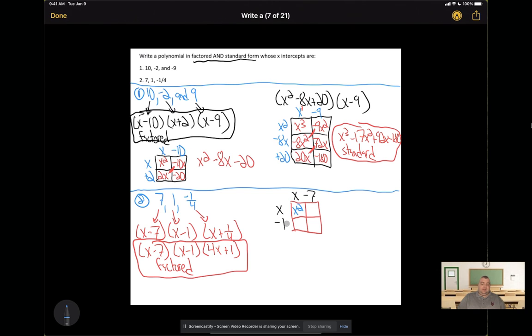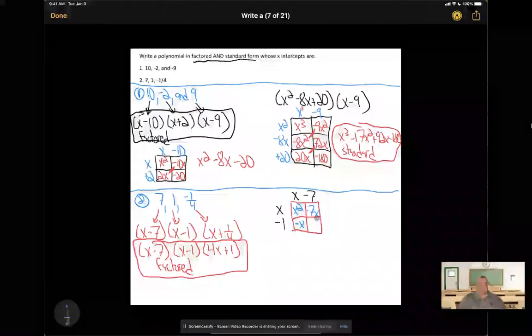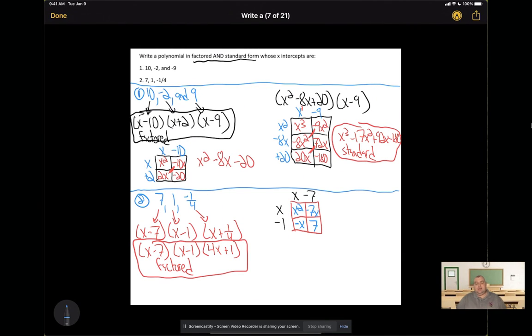Bottom left is going to be negative 1 times x. That's going to be a negative 1x. This one's going to be negative 7 times x. So that's going to be a negative 7x. And this one is going to be a negative 1 times a negative 7. So that's a positive 7.